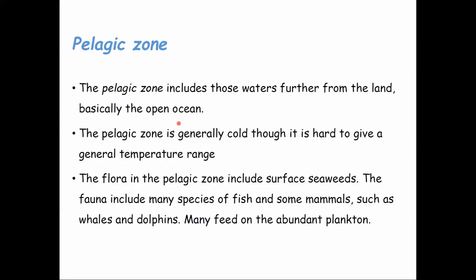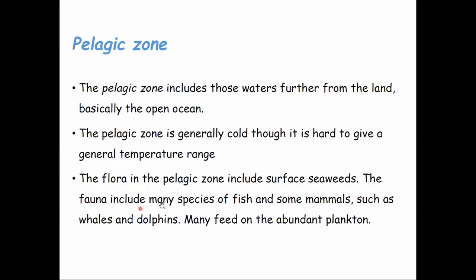Okay, check. The pelagic zone is generally cold, though it's hard to give a general temperature range, right? Because it's the open ocean part. The flora in the pelagic zone includes surface seaweeds, which means they will not submerge, they will float, right?